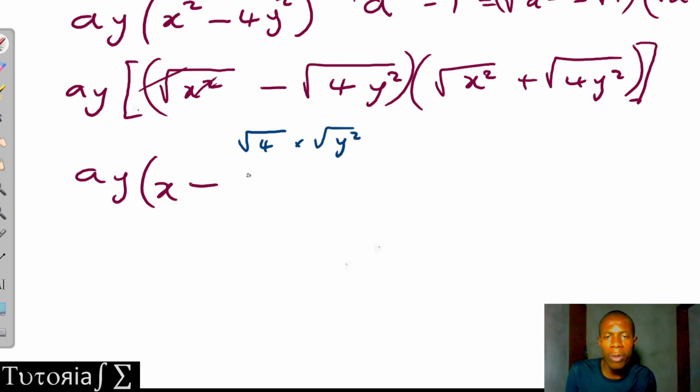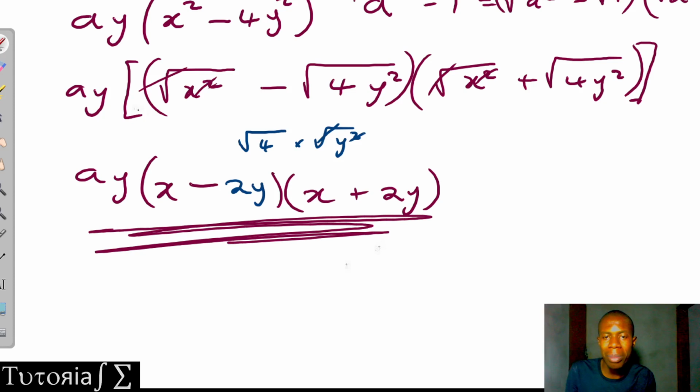Of course, root of 4 is 2, so we can write 2 here, and this and that will cancel, will remain y. So same applies on the other part. On the other part, we have this and that cancelling, so this would be x. But here it would be 2y. Okay, so that is how you factor out completely.